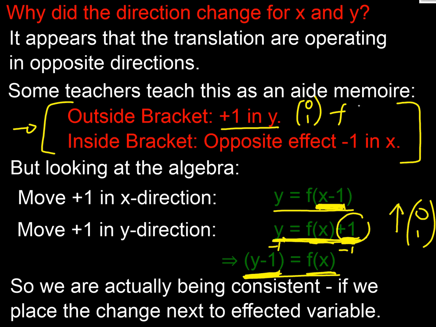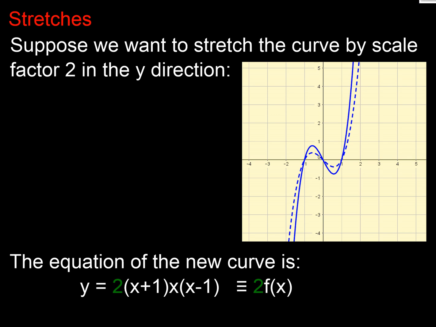Whereas if it's inside the bracket, if we had an f of x +1, it would actually be moving it in the opposite direction, so it would actually be moving it -1. So that's what you have to watch out for. Outside it's doing what you expect, inside the bracket it's having the opposite effect in the translation.